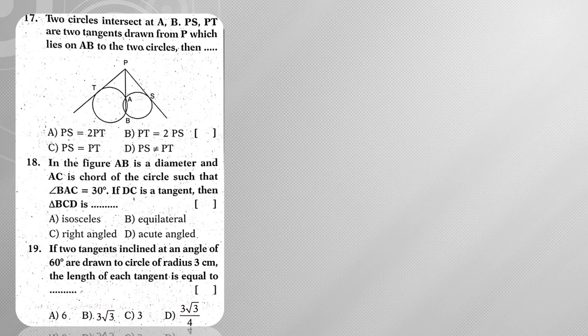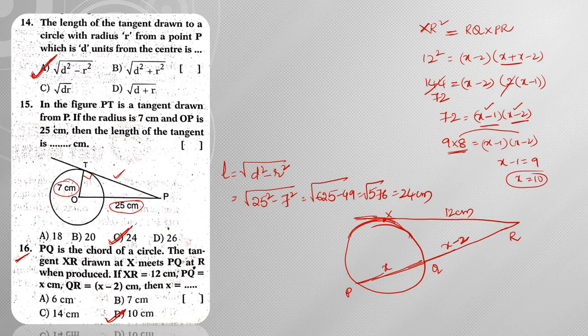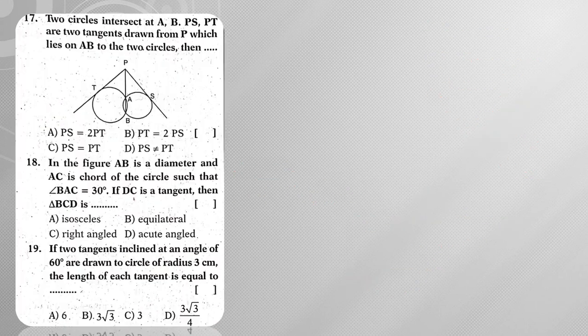What we have discussed in the previous question applies here: one is a tangent and one is a secant. The same way here, this is a tangent and this is a secant. So if I apply the same condition, I can write PS square is equal to PA into PB. The same way here also, this is a tangent and this is a secant, so PT square is equal to again PA into PB.